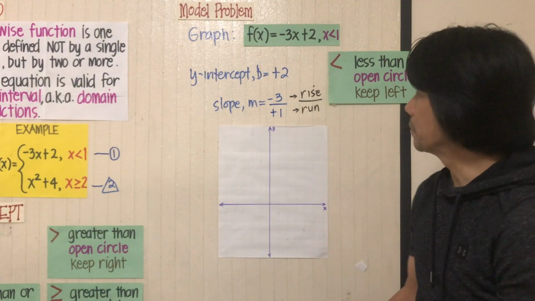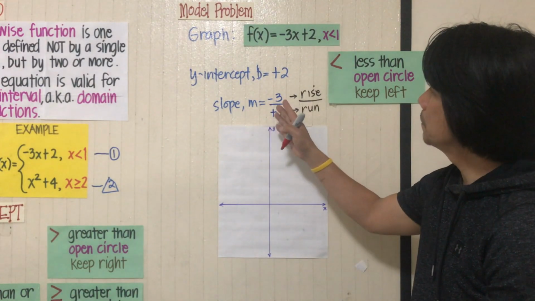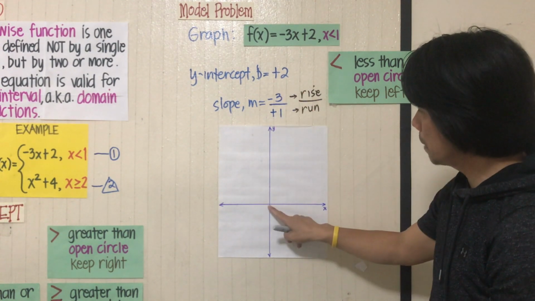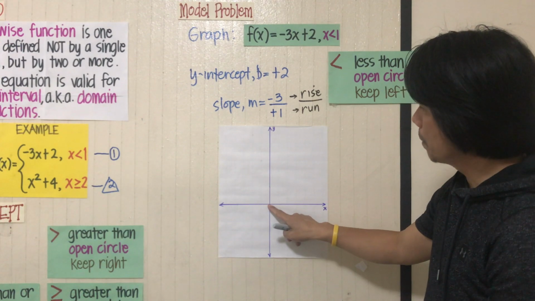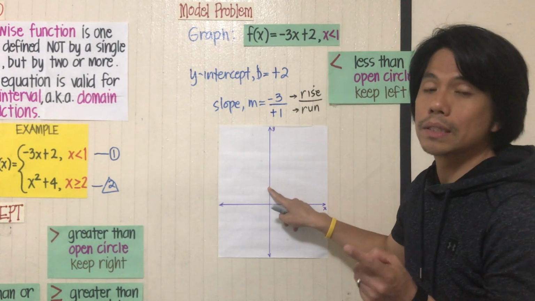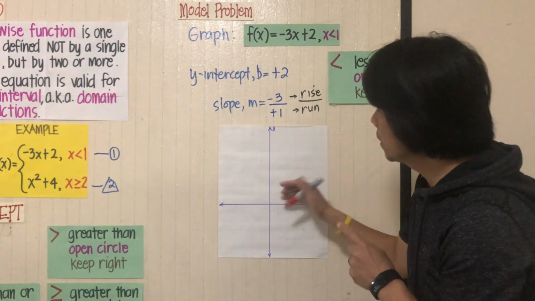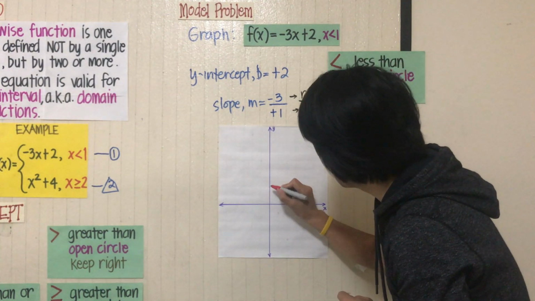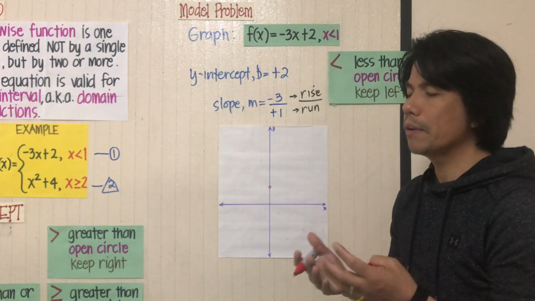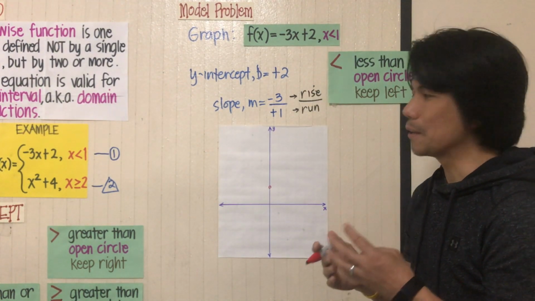Now let's graph. To graph this line, we need to start from the y-intercept, which is positive 2. From the origin, I go up 2 steps, 1, 2. I strongly suggest that when you're graphing, you use an open circle for now, but once you get the hang of it, you'll know what to do later on.